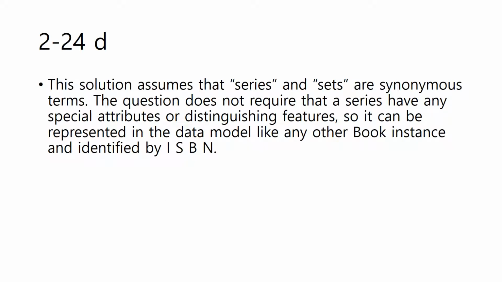So this solution assumes that series and set are synonymous terminologies. The question does not require that series have any special attributes or distinguishing features, so it can be represented in the data model like any other book instance and identified by ISBN.